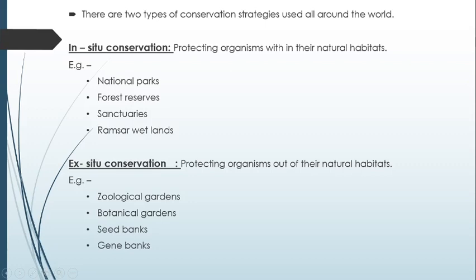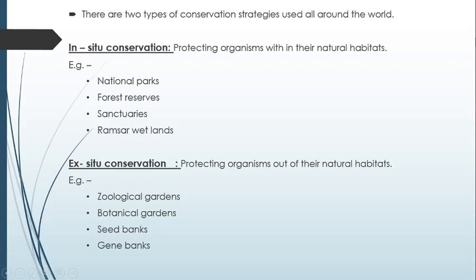The other strategy is ex situ conservation. It means protecting the organisms outside their natural habitats. For examples, we can get zoological gardens, botanical gardens, seed banks, gene banks. These are the ex situ conservation methods.